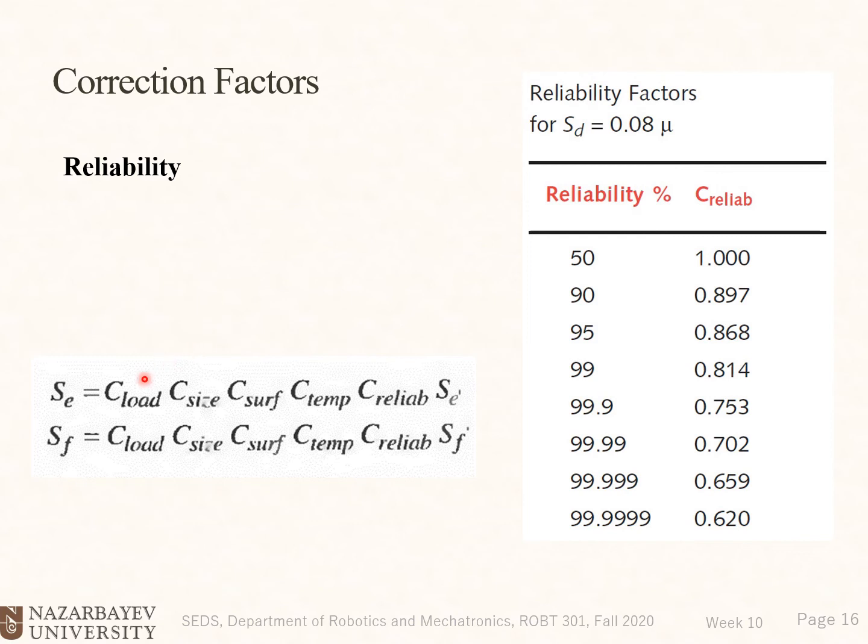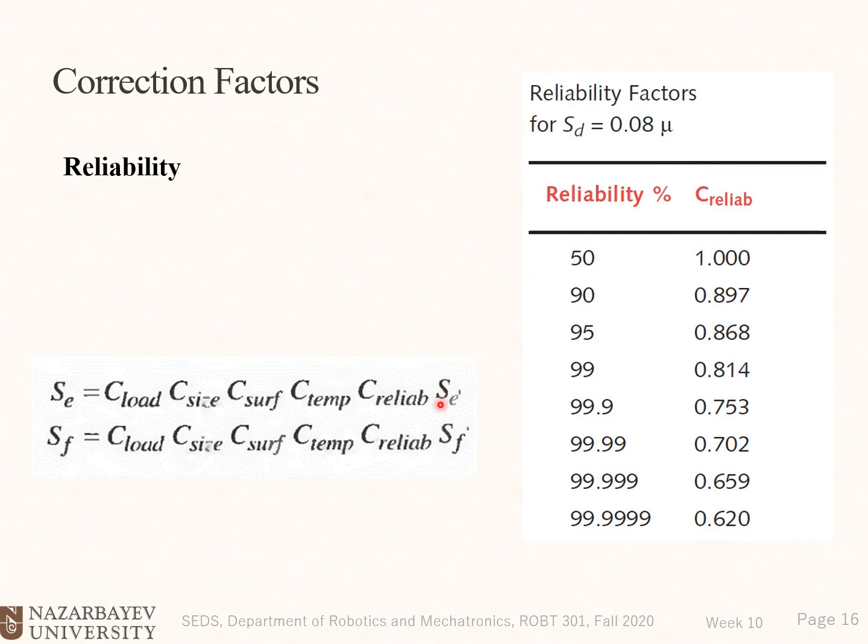Now we calculated all these correction factors. Okay, so we had this formula in the previous slides. I repeat it again here, just to remind you what we are doing. We don't want you to get lost between the slides. So far we calculated C load, C size, C surface, C temperature, and C reliability.